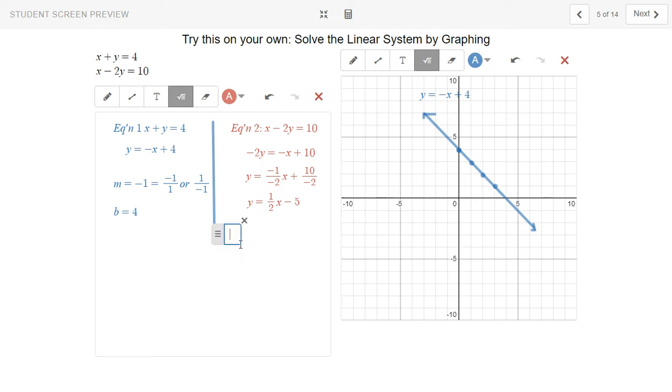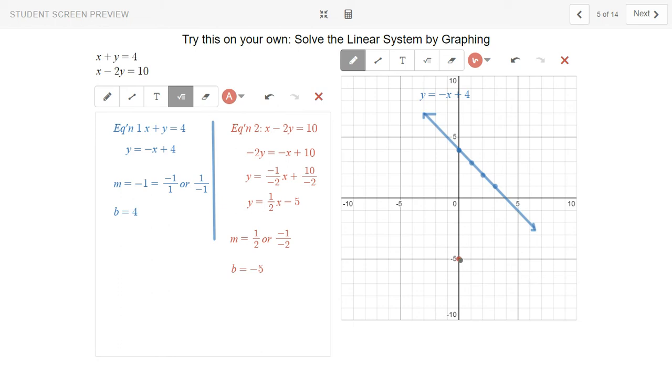Okay, so my slope is 1 over 2, or I could say that this is negative 1 over negative 2. And our y-intercept is negative 5. Let's start by graphing this on the y-intercept.